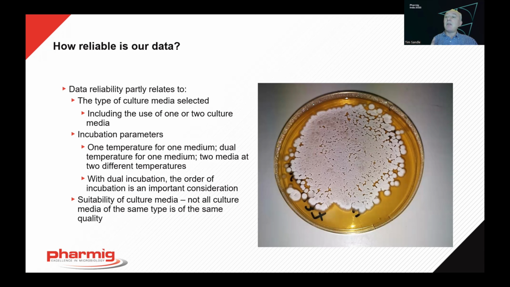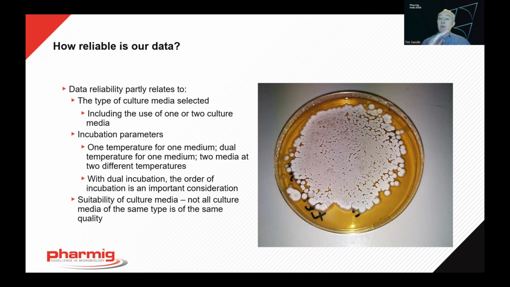We've got things like the type of culture media. Do we, for our environmental monitoring, wish to use two different culture media? So are we going to use a TSA-like medium and an SDA type medium, so tryptone soya agar, Sabouraud dextrose agar, or maybe an alternative fungal medium like malt extract agar? Or are we going to incubate our culture medium at two different temperatures?